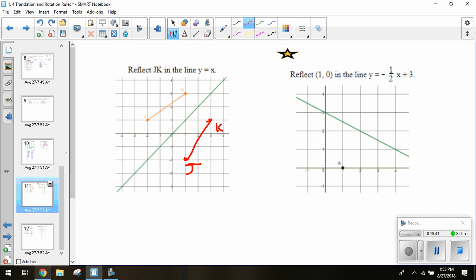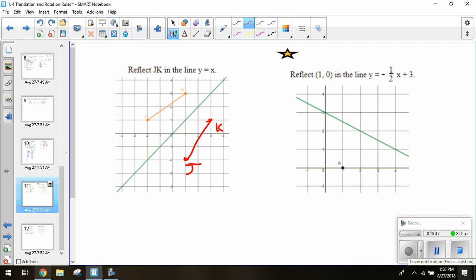Looking at this one, we have the line y equals negative 1/2 x plus 3. When we have negative 1/2 x, it's not just a straight diagonal. What we need to use is perpendicular slopes. If we remember, perpendicular means the opposite reciprocal slope. Parallel lines are the same, perpendicular lines are the opposite.